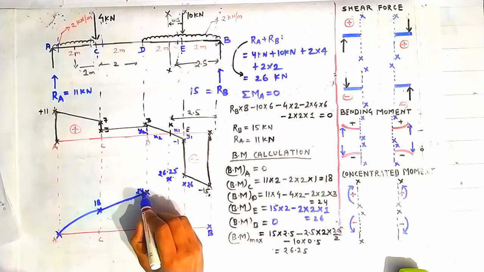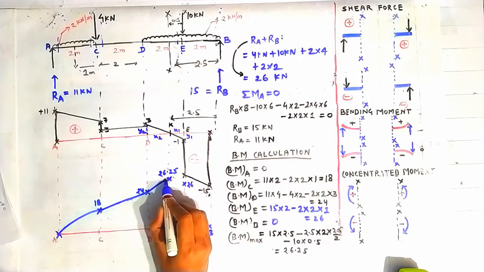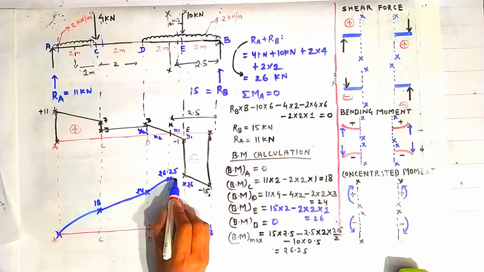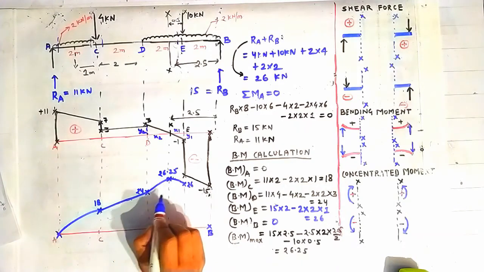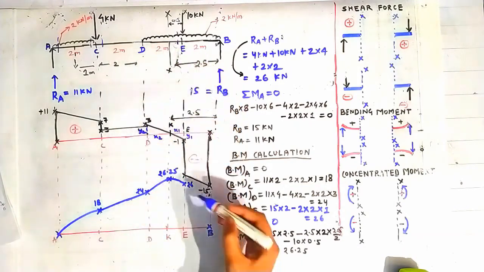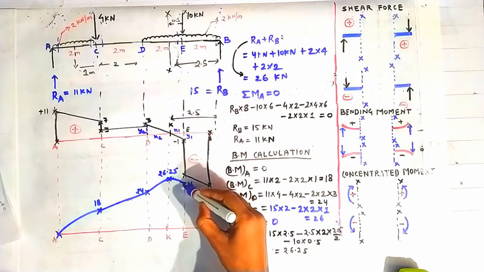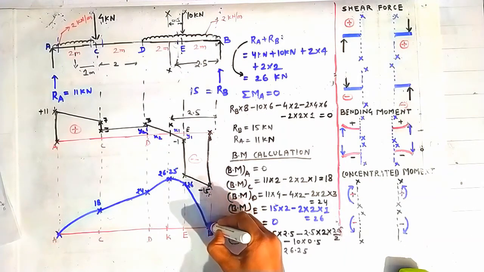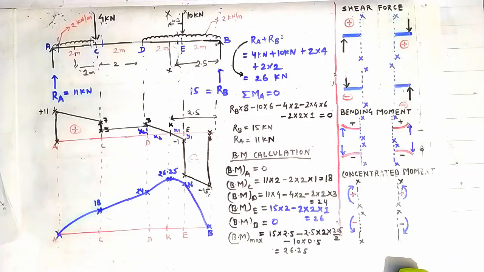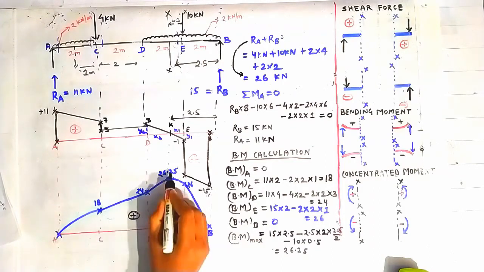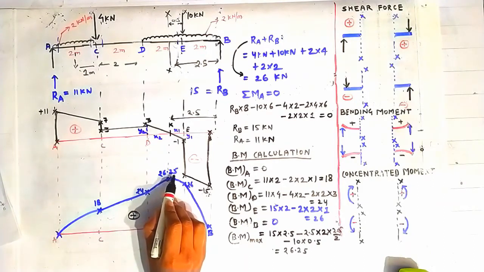Now joining this point with a parabola, and again joining with the next point with a parabola, because there is a UDL between D and E, and joining the last section also with a parabola like this, you will get the bending moment diagram. It is positive, and the maximum bending moment is lying here, which is 26.25.